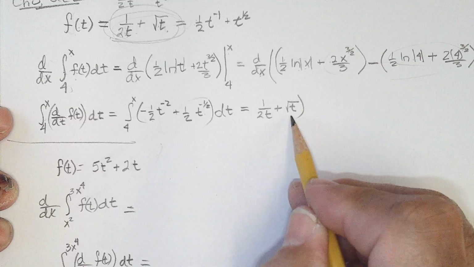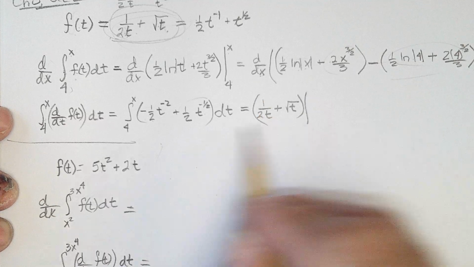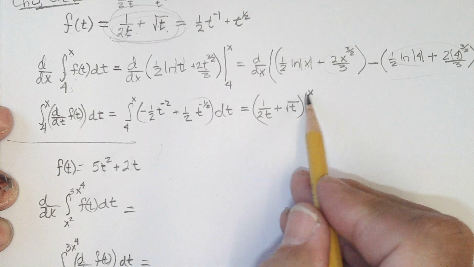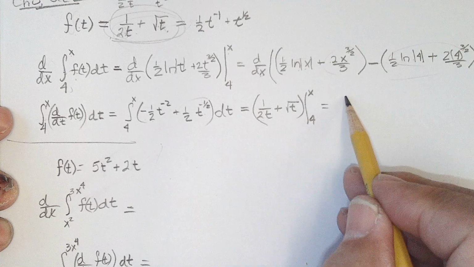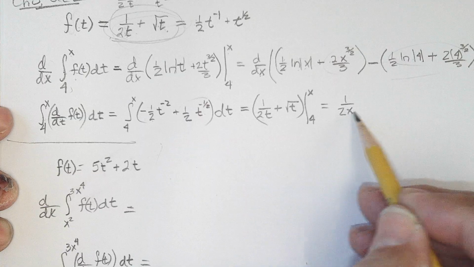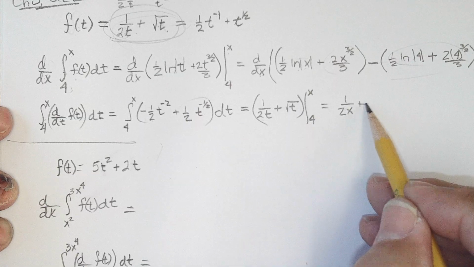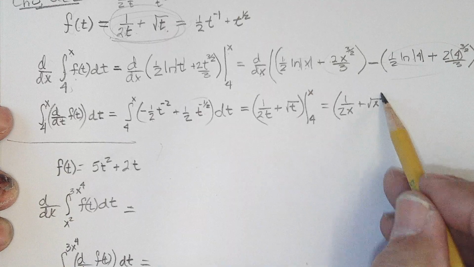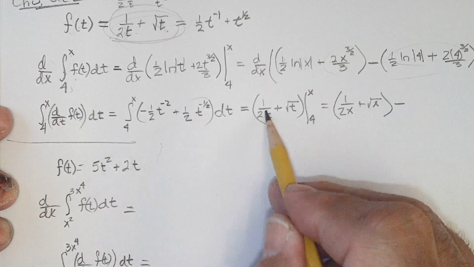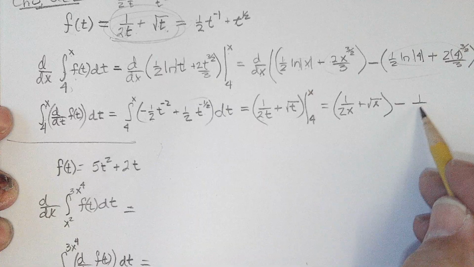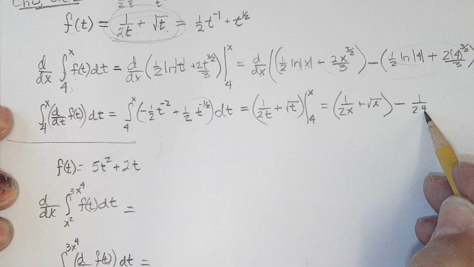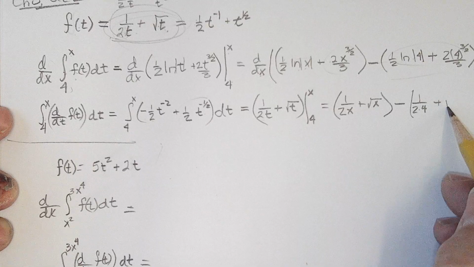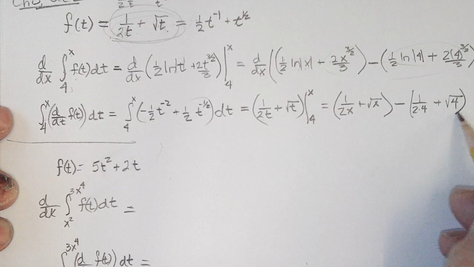And now I've got to put in my limits, 4 to x. So if I put x in there, I get 1 over 2x plus square root of x, minus, I put 4 in, I get 1 over 2 times 4 plus the square root of 4.